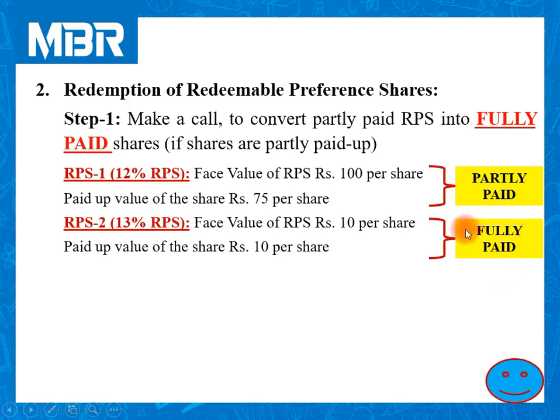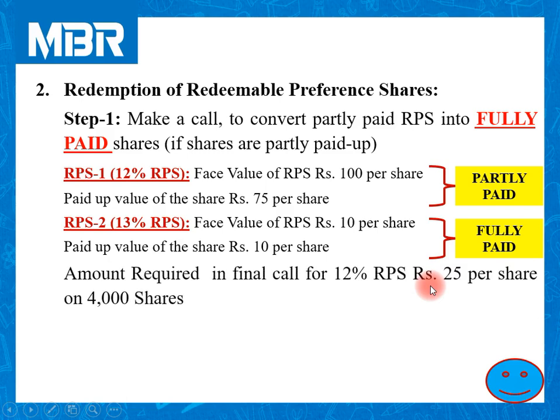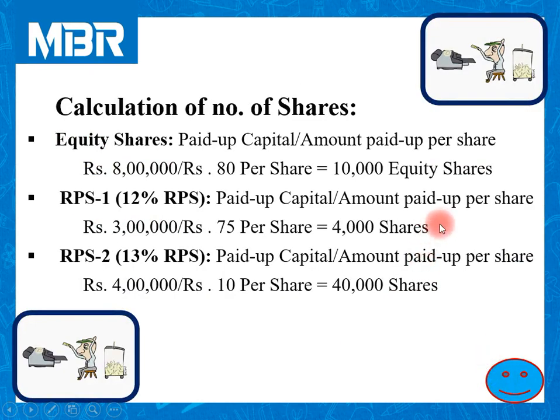Now, as per the protocol, to follow the provisions, we need to make a call on RPS 1. How many shares are there? That we better know: 4,000 shares. If you are not clear about these 4,000 shares, you can visit the calculations that we have made earlier.